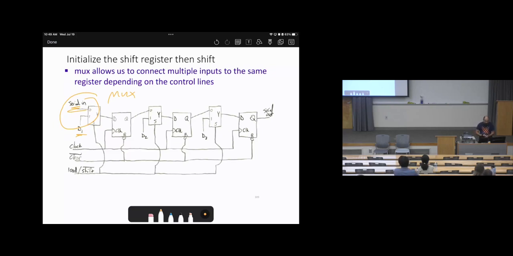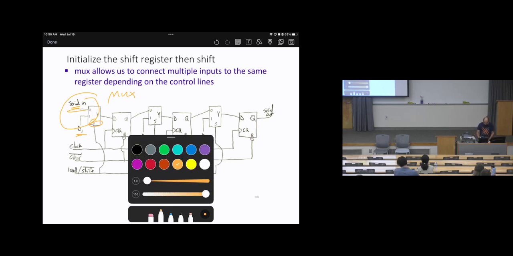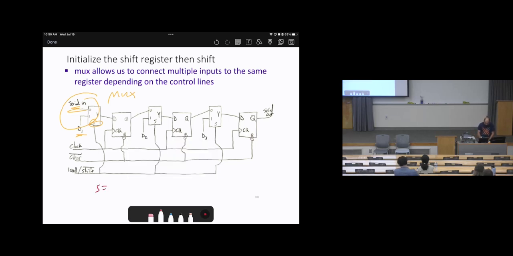Depending on the selection bits, what's the point of this? When S equals 0, we will pass I0, which is to pass the serial in.